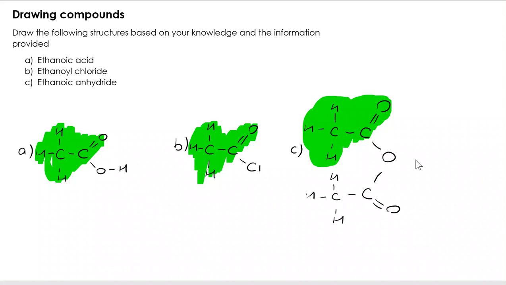Now, one of them has lost an OH and one of them has lost an H. They go off and they make water, making that a condensation reaction. But we're then left with the remainder of a second ethanoic acid down here. But it's still all of that in the place of either the OH or the Cl.